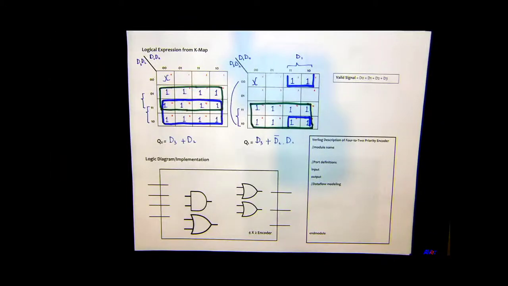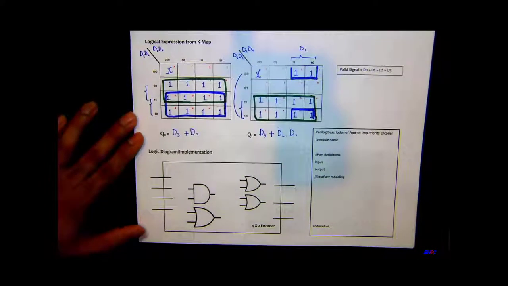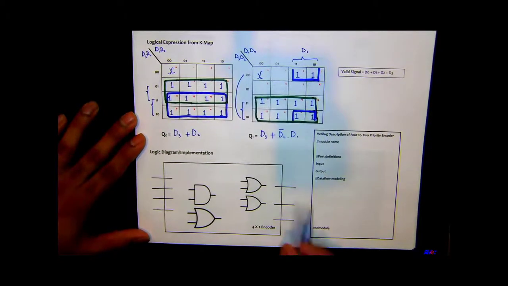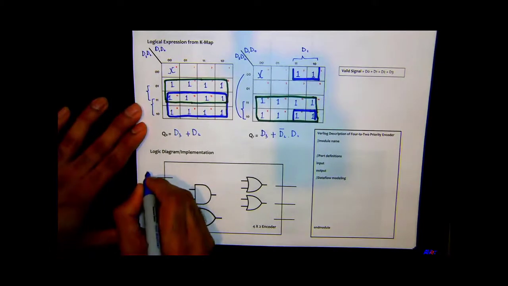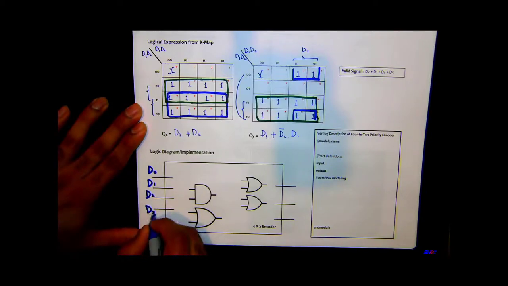Okay, now we're going to take those expressions and create a logic diagram. You just need to connect the wires. I already have the gates in there, so let's work on D2 bar dot D1. So this is my D0, D1, D2, and D3.